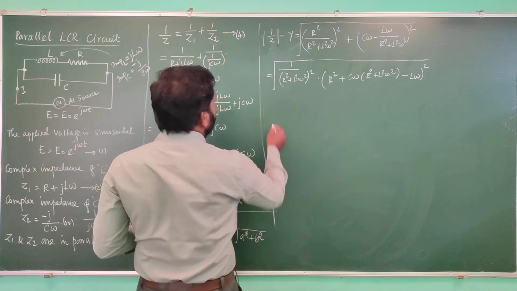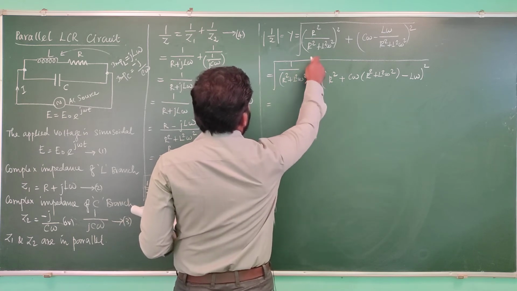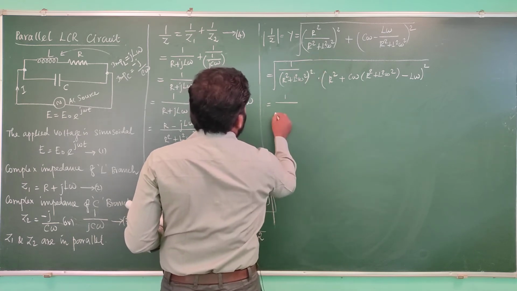And then square and square root will cancel out. So what will be remaining?